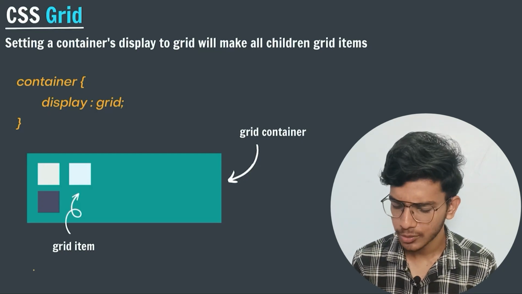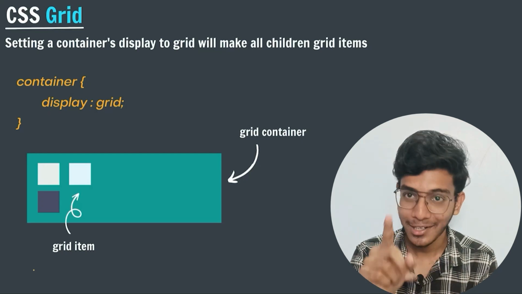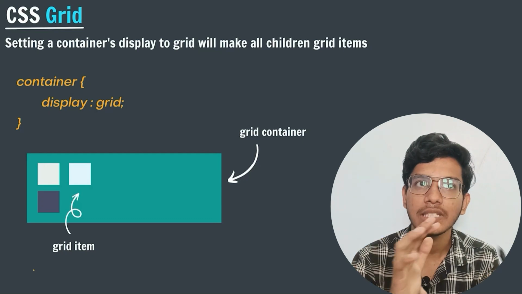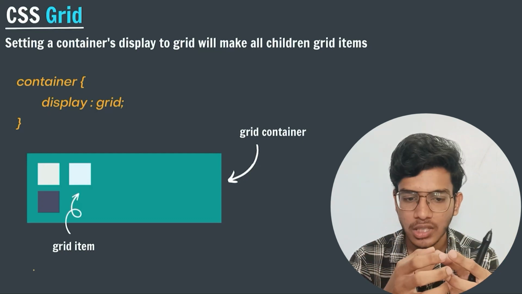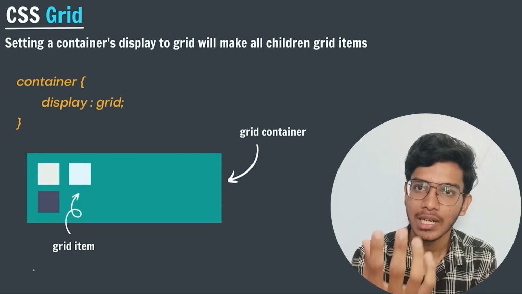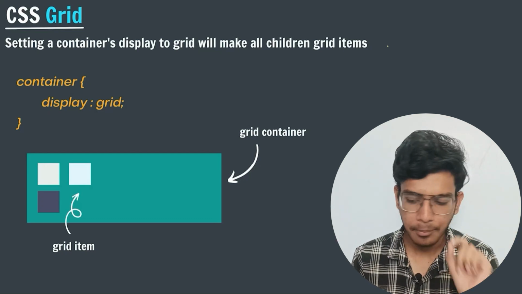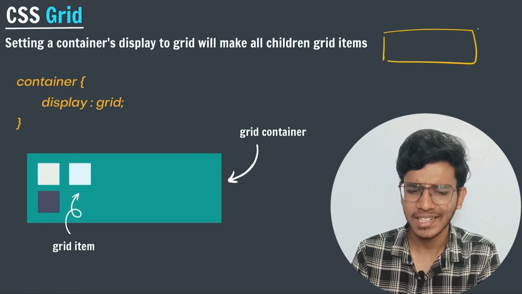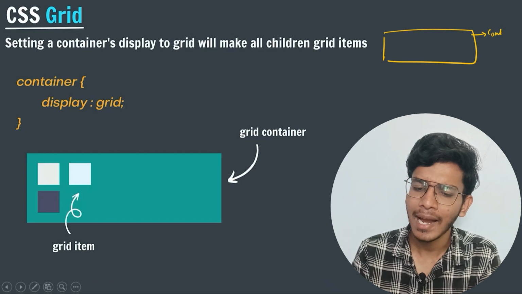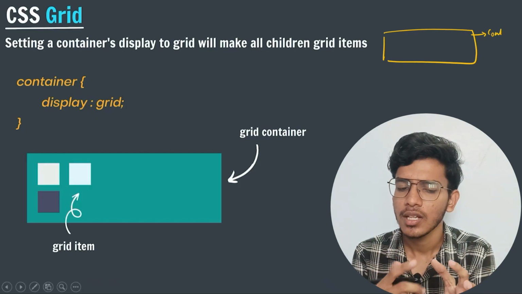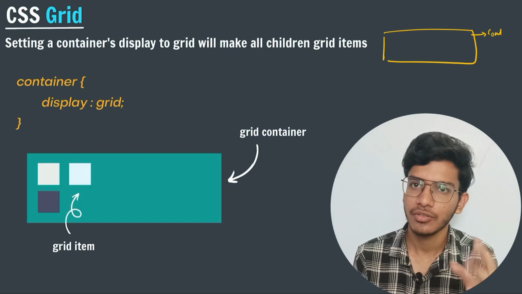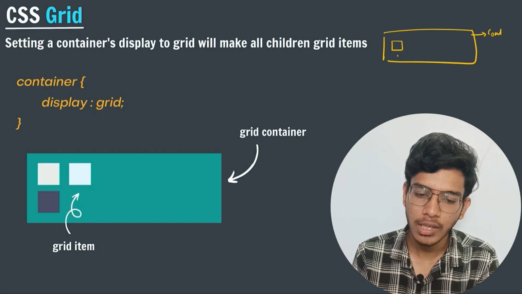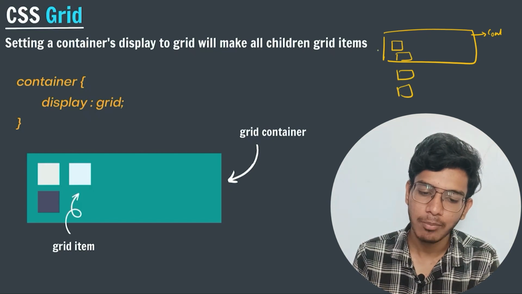So what is a GridBox model? We studied the flexbox model in part 5. The flexbox model is used to arrange a set of elements in a linear fashion, in a one-dimensional fashion. For example, let's say I have an external container, or you can say parent container, and inside that I have 4 internal child div blocks: div block 1, div block 2, div block 3, div block 4.